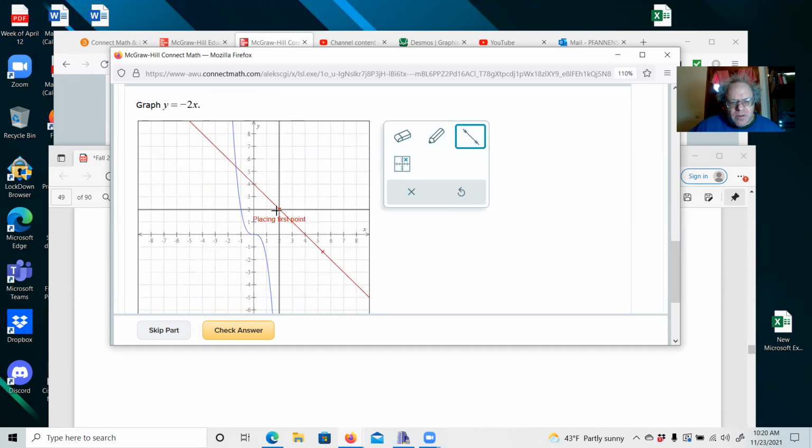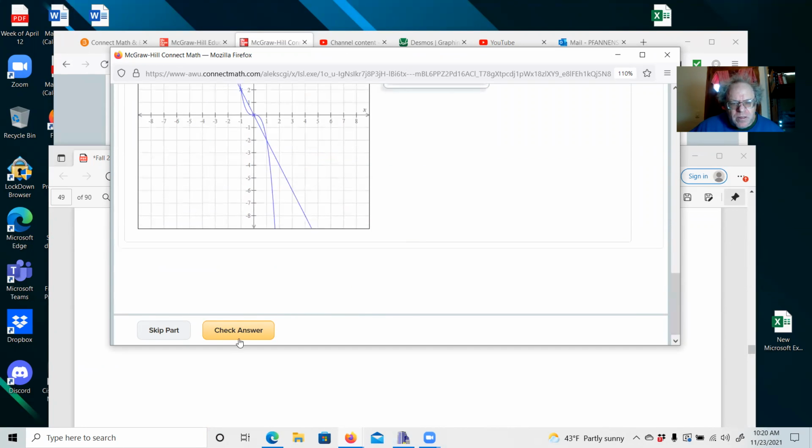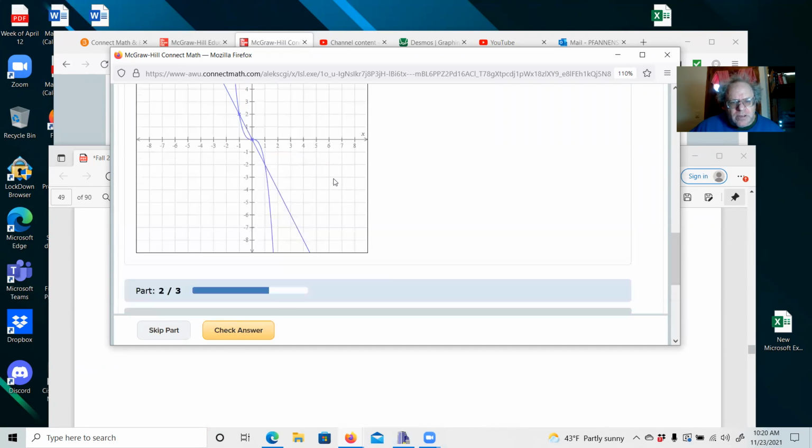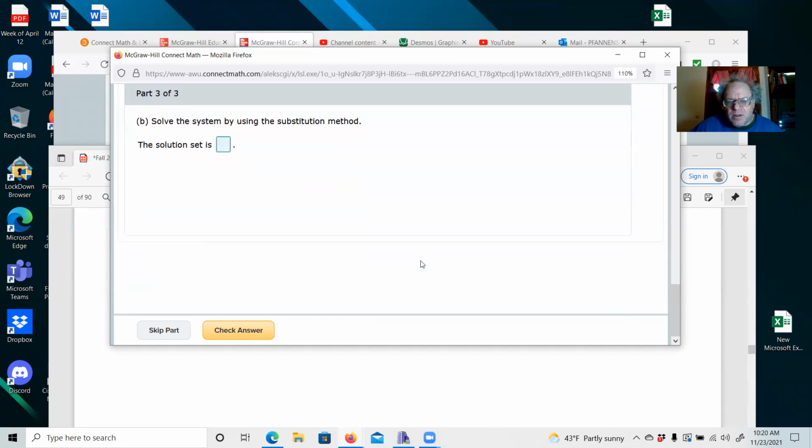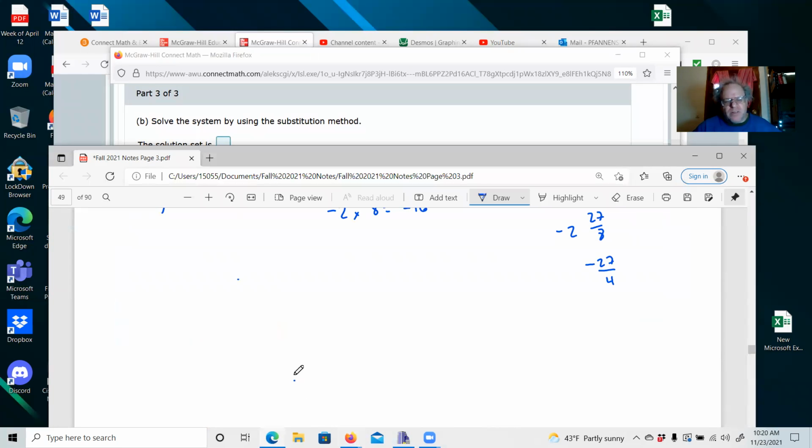So instead of going up this way, it's going to go there. Negative 1 times negative 2 is going to be 2. Let's plug in 0. It's really easy to see that we have 3 points of intersection.